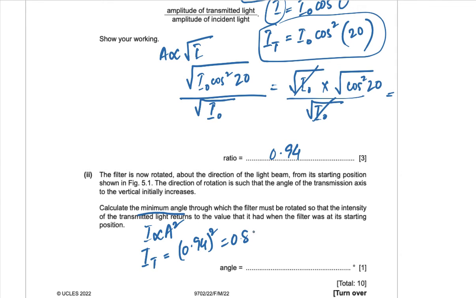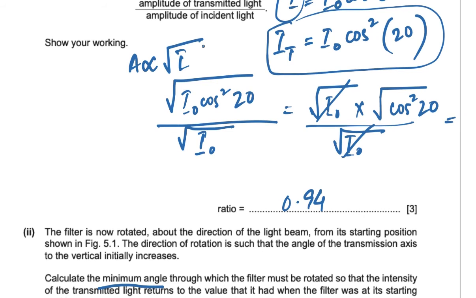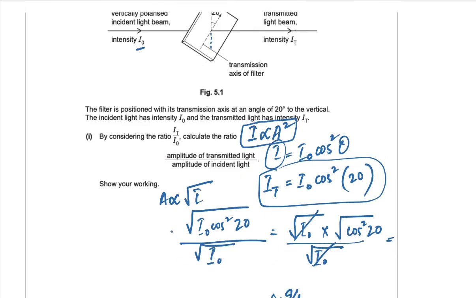That is equal to 0.88. This is the transmitted intensity. They are asking you that you need to find the minimum angle through which the filter is rotated so that its final transmitted intensity is equal to the initial transmitted intensity. And this part of the question also says that the angle of transmission axis to the vertical, that is initially 20 degrees, initially increases, right? As it is mentioned here that the angle of transmission axis to the vertical initially increases.